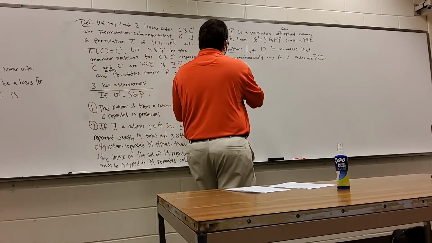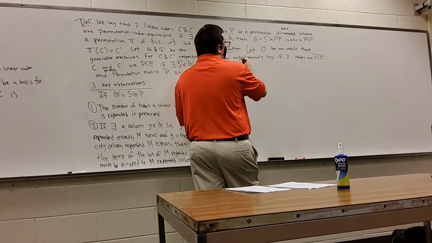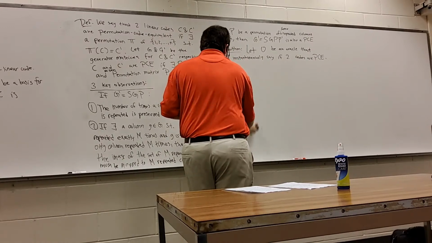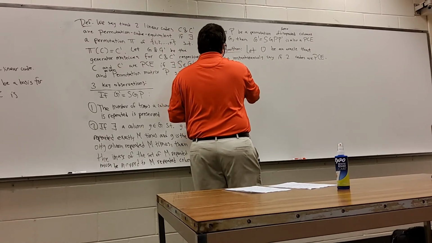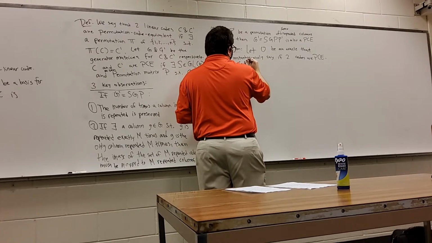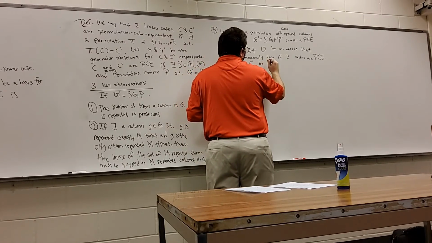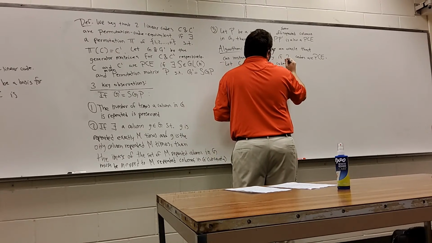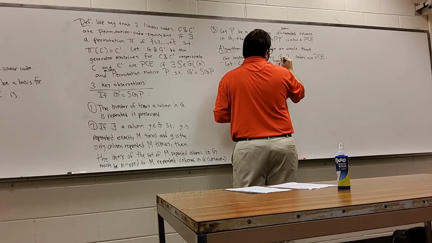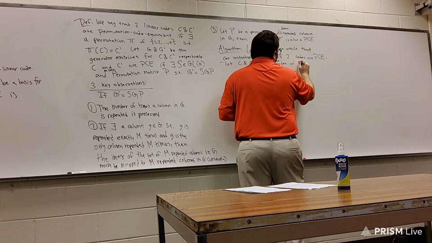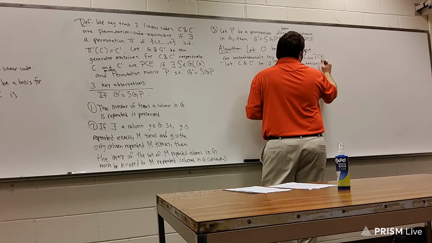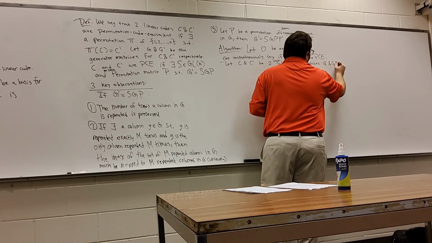Let me define everything. Let C and C prime be two linear codes with generator matrices G and G prime.